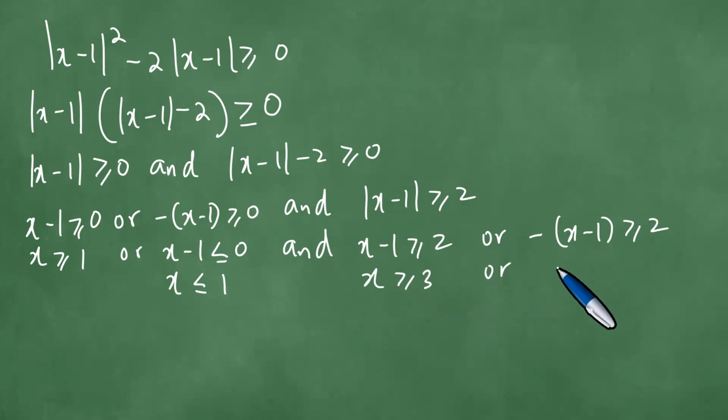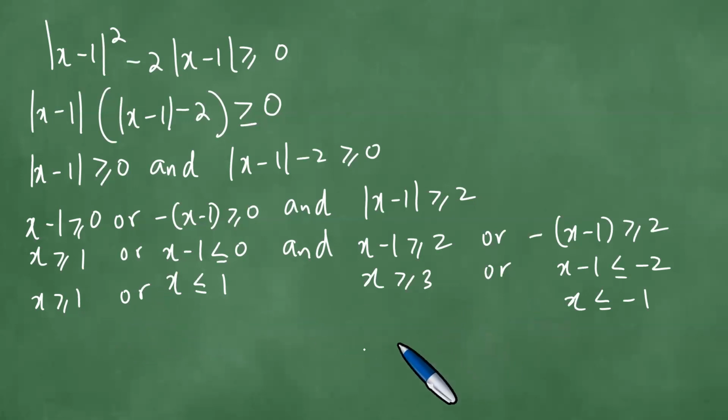Or if you multiply both left and right by negative, it means x is less or equal to negative 1. Okay, so we actually have got this here. Obviously, this is greater or equal to 1, or this. All right, so the question then is, what is the solution to everything here?